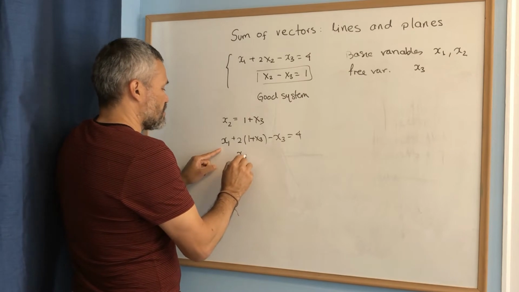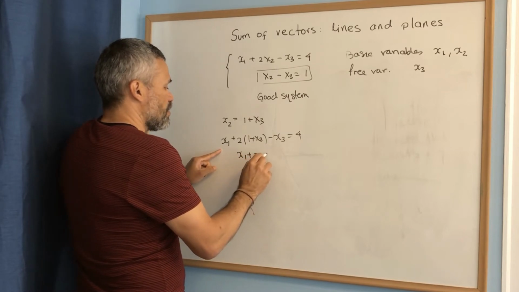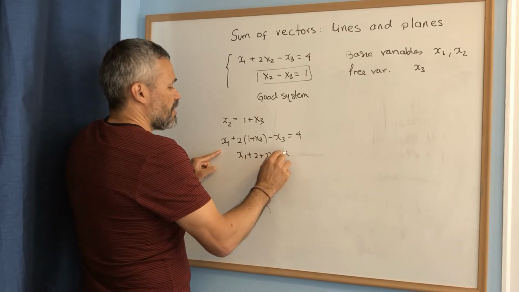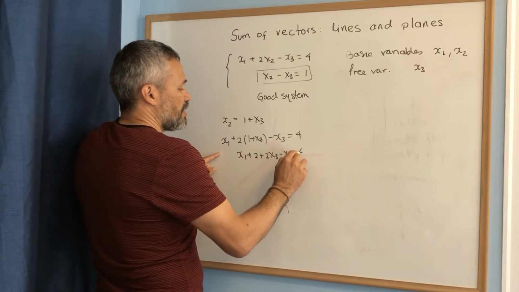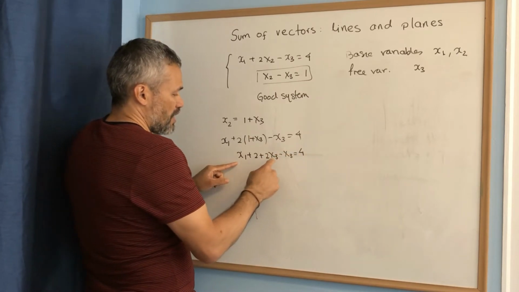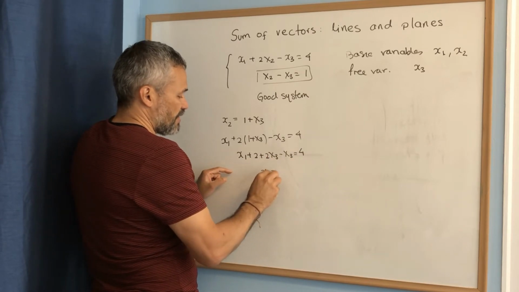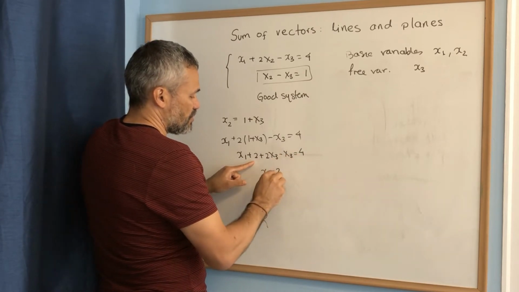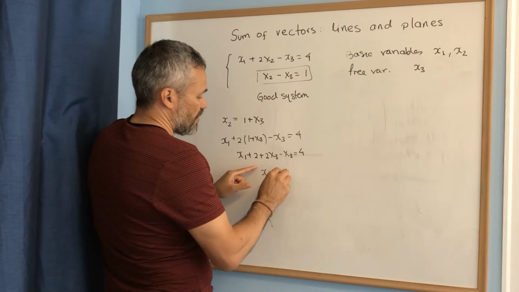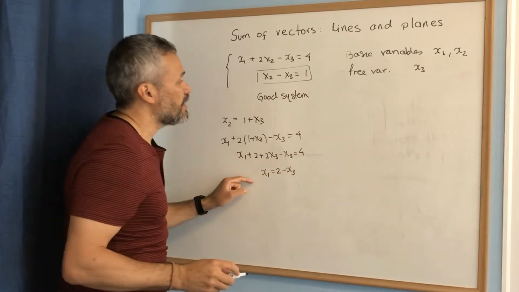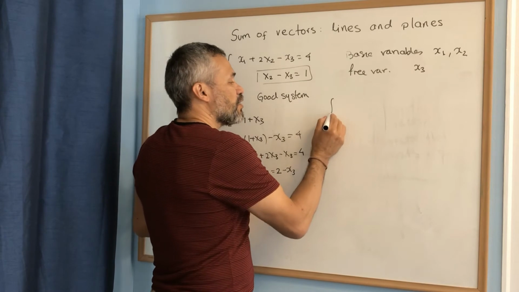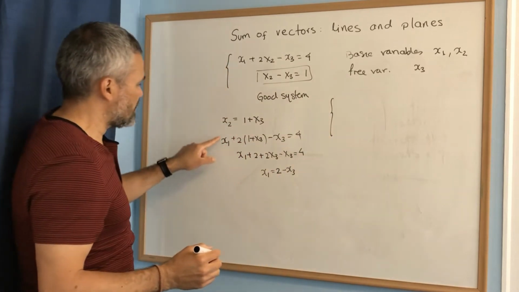Then I have x1 plus 2 plus 2x3 minus x3 equals 4, and then this is 4 minus 2. I finally get that x1 is 4 minus 2, which is 2, minus x3. Then the solution set would be this set.